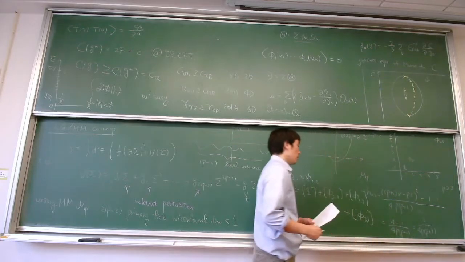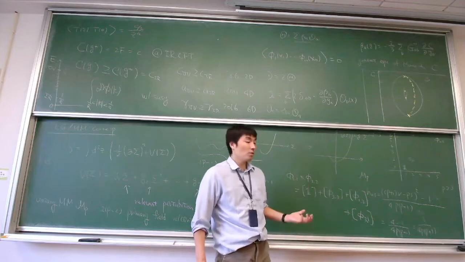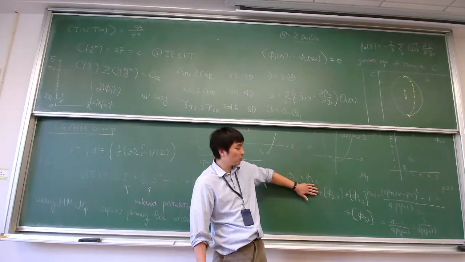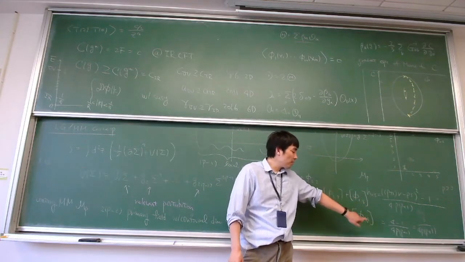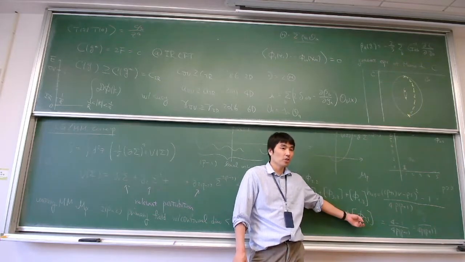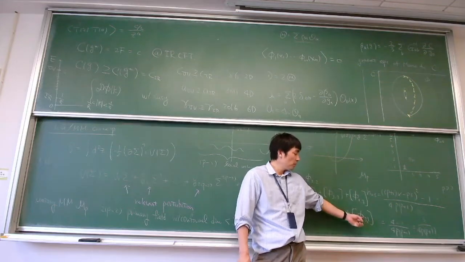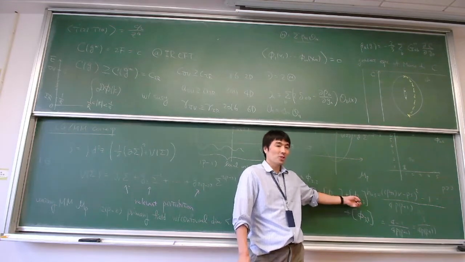If you use the conformal dimension written here, apart from 1, the lowest conformal dimension is phi 3,3. And if you compute phi 1,3 and phi 3,1, the conformal dimension is actually greater than 1, indeed. You can plug that one in here and show that this is greater than 1, almost 1.